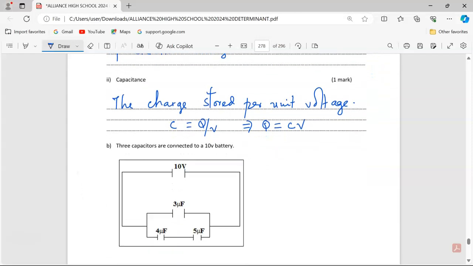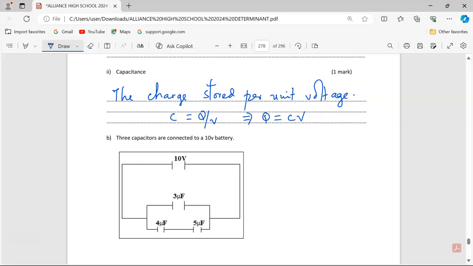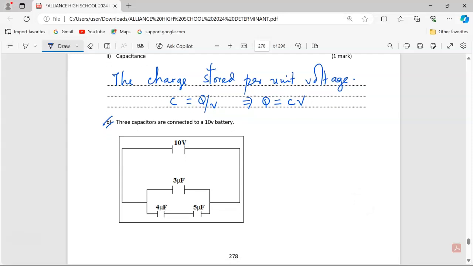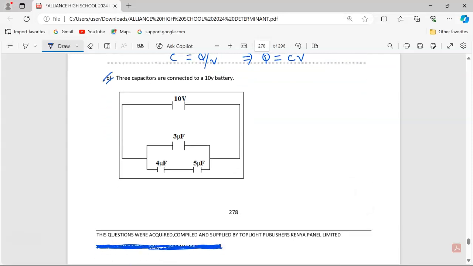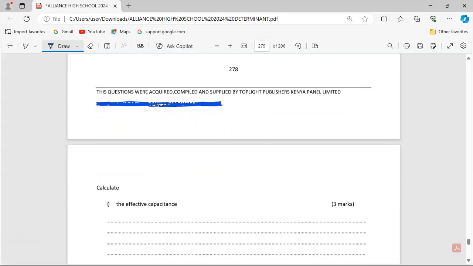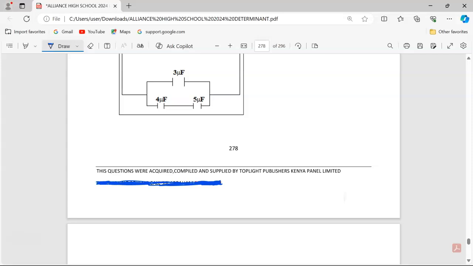Let me check part B in this case. Three capacitors are connected to a 10-volt battery, just as shown on the diagram. We are told to calculate the effective capacitance.